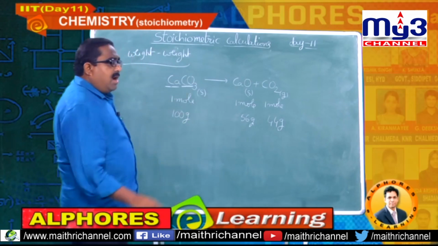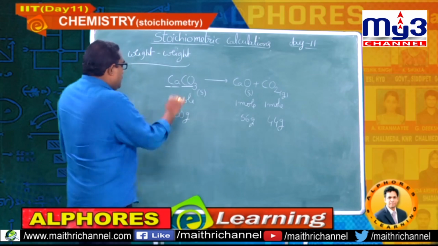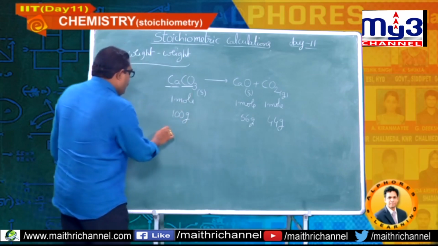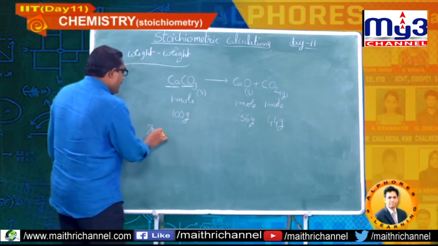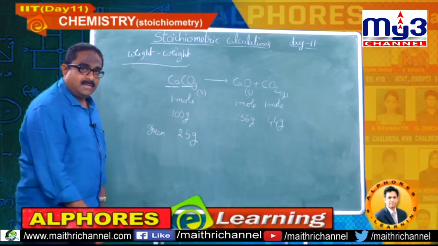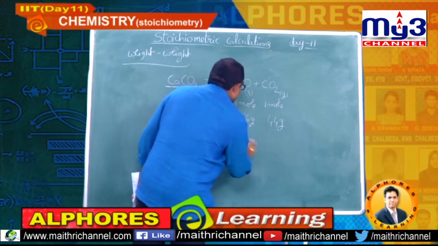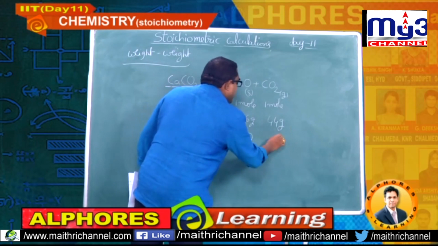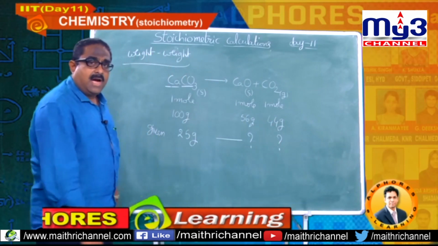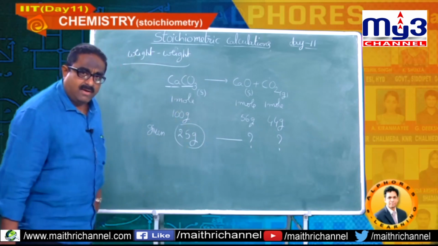Now, how are the questions you are going to get on this weight relation? Suppose I am given only 25 grams. What is the mass of both calcium oxide and carbon dioxide obtained just by decomposition of 25 grams of limestone?